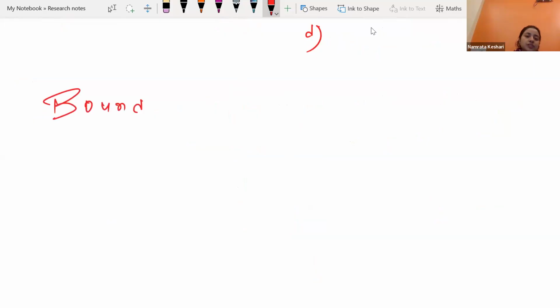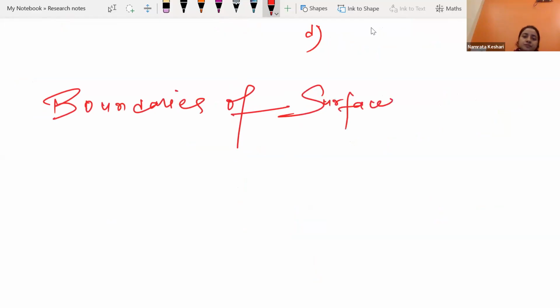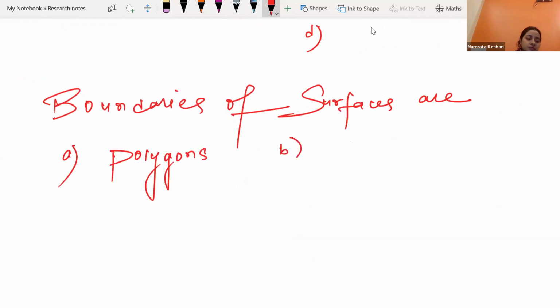Boundaries of a surface are polygons, lines, curves, none. Lines.